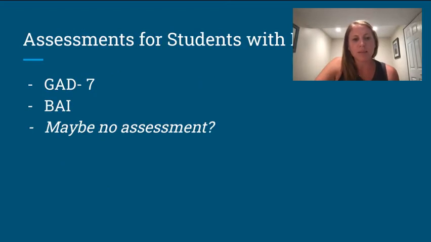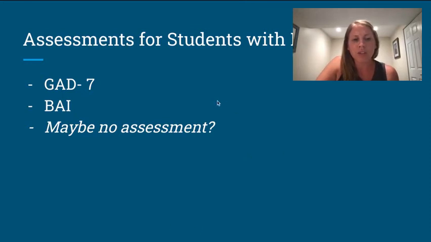So some assessments that might be appropriate for students with dyslexia. I'm not going to include any assessments that actually identify dyslexia, because we're going to assume that the student that we're working with has already been diagnosed with dyslexia by a special education teacher.